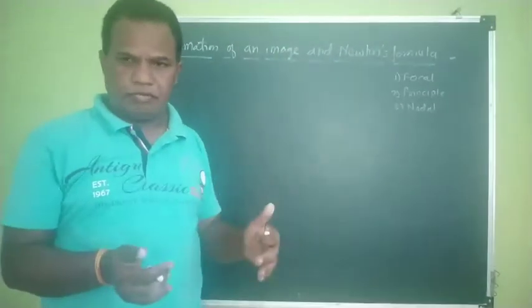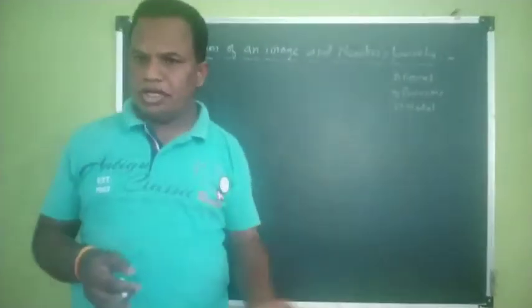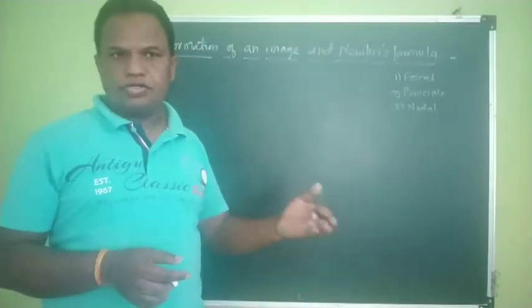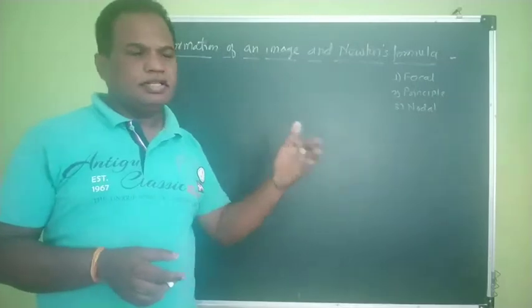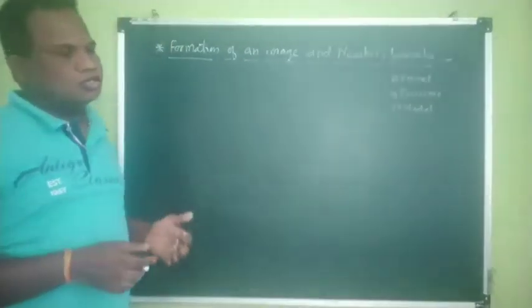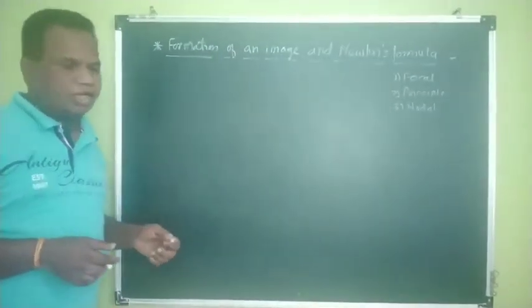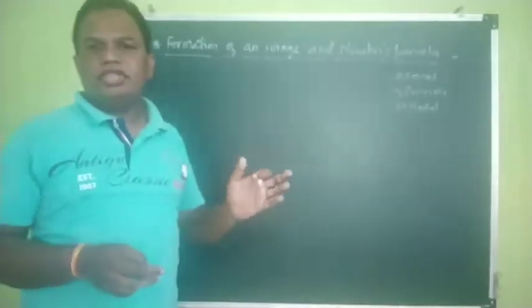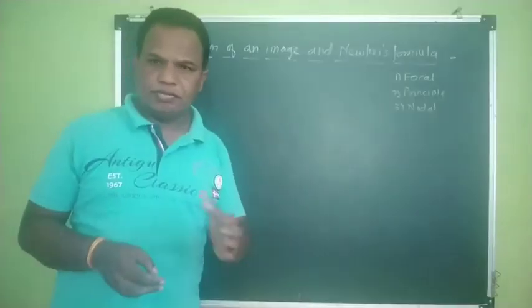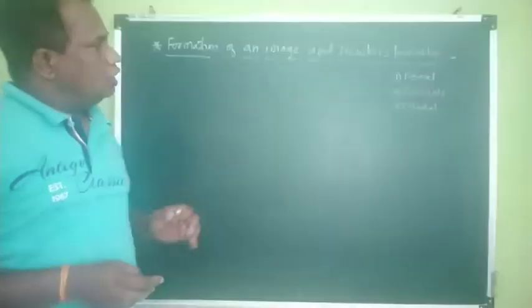Any instrument which contains at least two lenses or more is called an optical instrument, where we use the optical properties of the lenses.